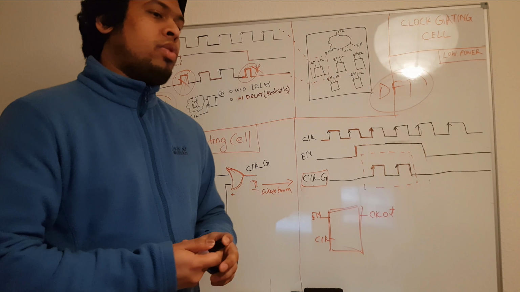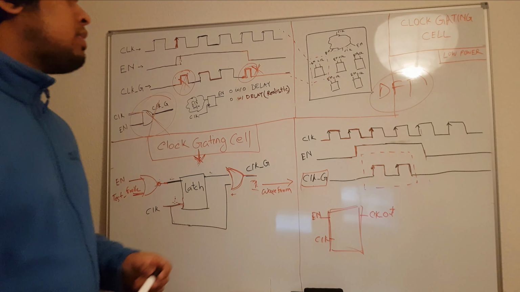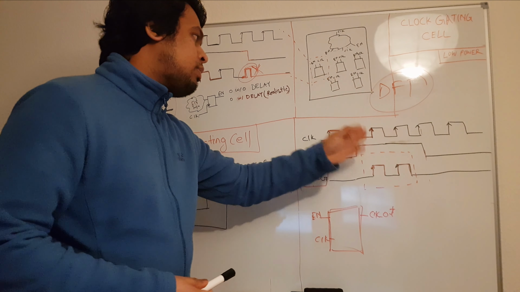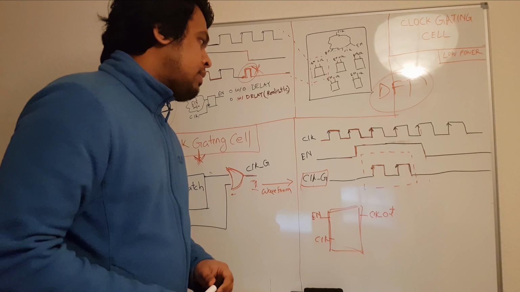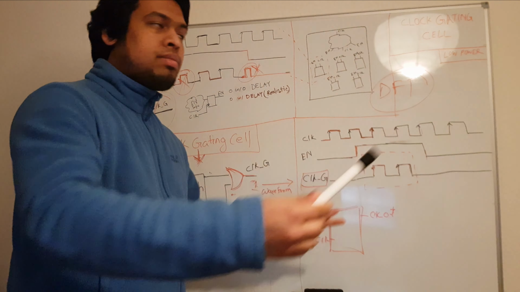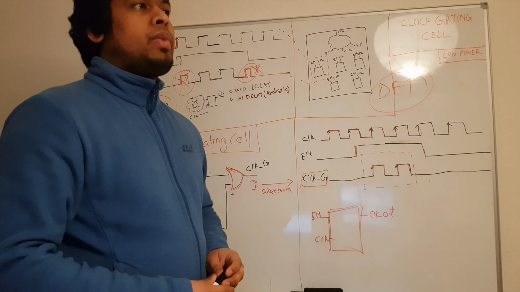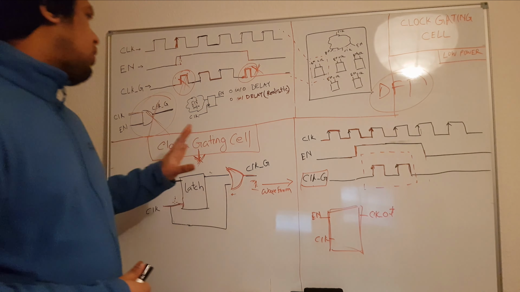They are used for different reasons or purposes, because sometimes you have a positive edge clock, sometimes a negative edge clock, and sometimes the enable is active high, sometimes active low. So to create a very clean clock, sometimes a different kind of clock gating cell is used.